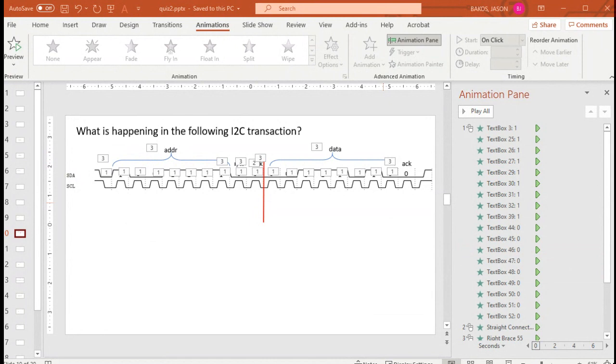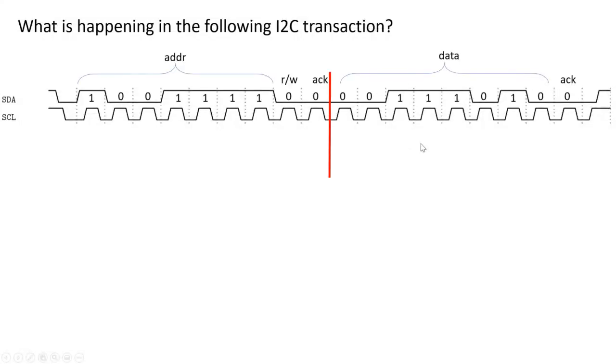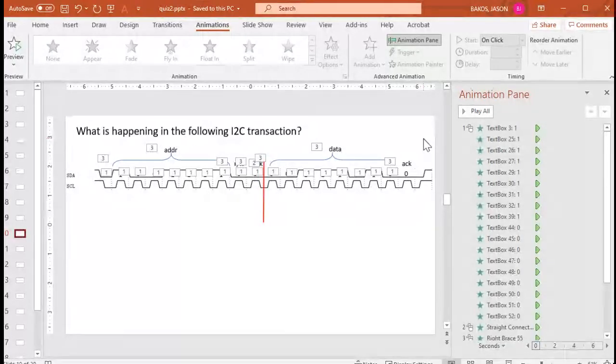So the bit is read/write. Oh, you mean the order? Yeah, the bit is read/write. It's a control bit that says whether it's a read or write. Yeah, right. Oh, I see.